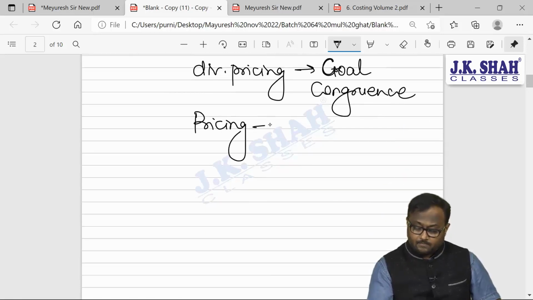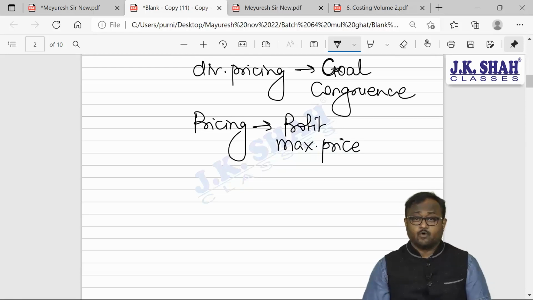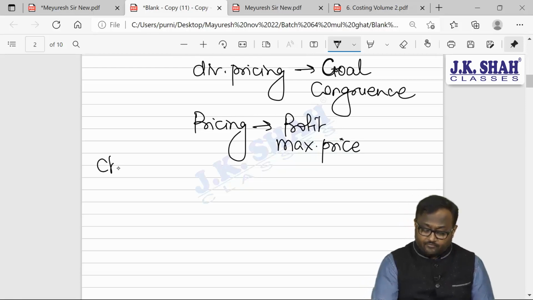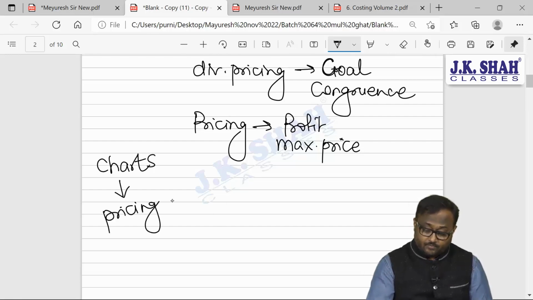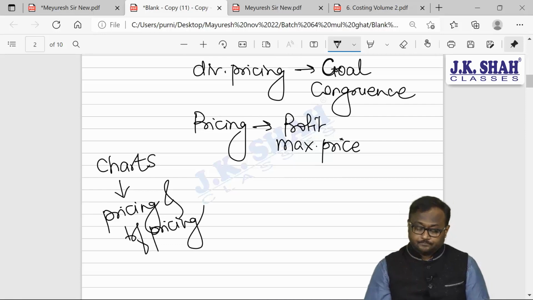In pricing, the profit maximization selling price concept is very important. Please refer to the charts given in the beginning of pricing and transfer pricing. You can solve any question based on that.